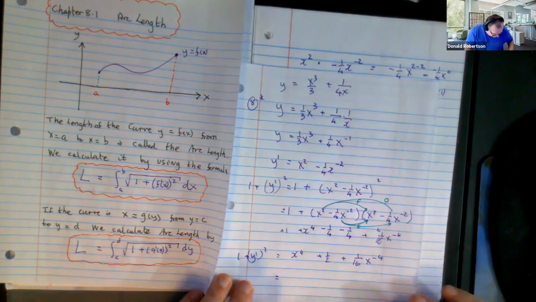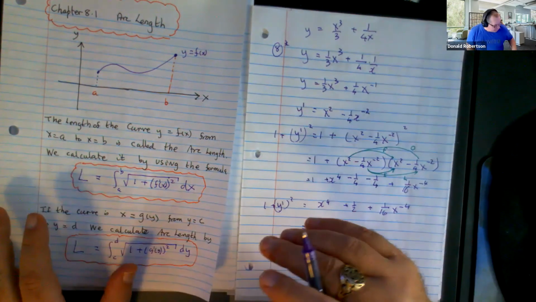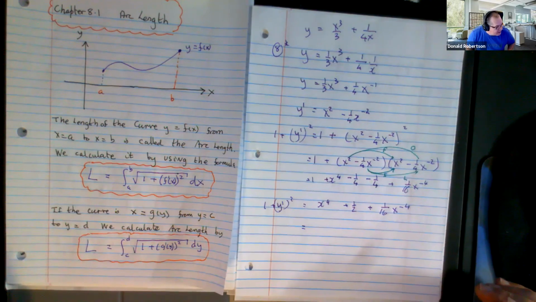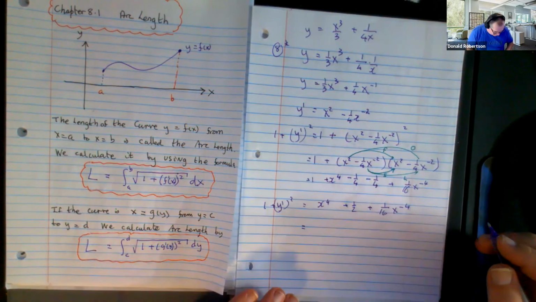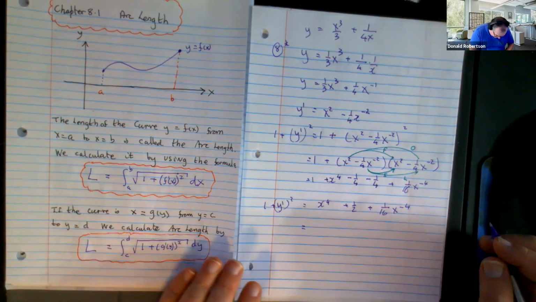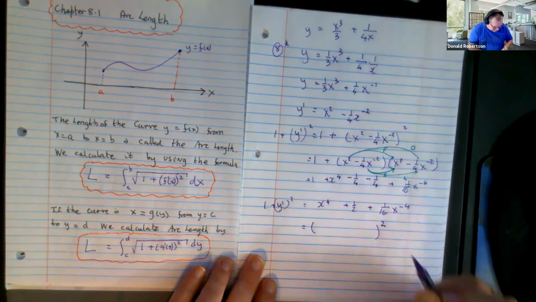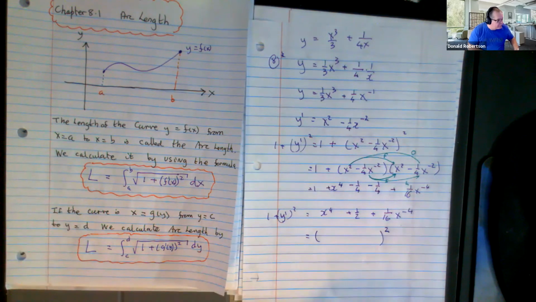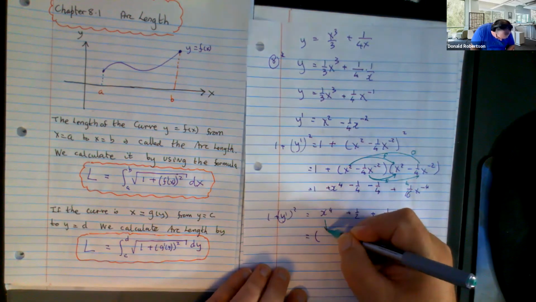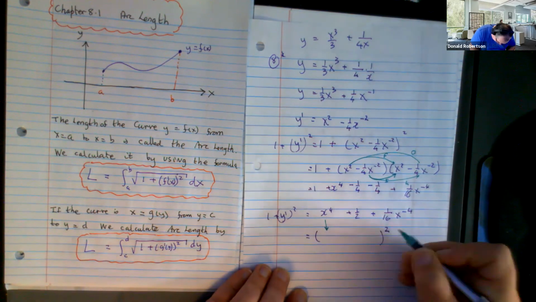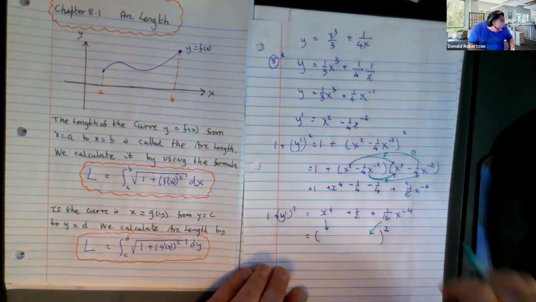Would you agree this is an ugly expression with at least 2 x's in it? And didn't I say that when you see an ugly expression with at least 2 x's in it, there's a very good chance it's a perfect square? And this one is a perfect square. That x to the 4 is going to give me this piece, and that guy at the end is going to give me the other piece.